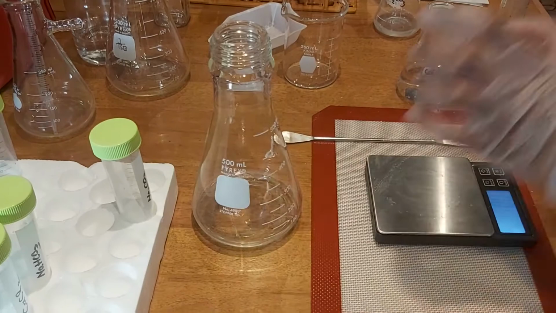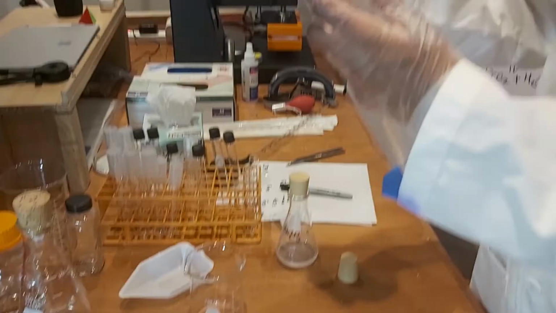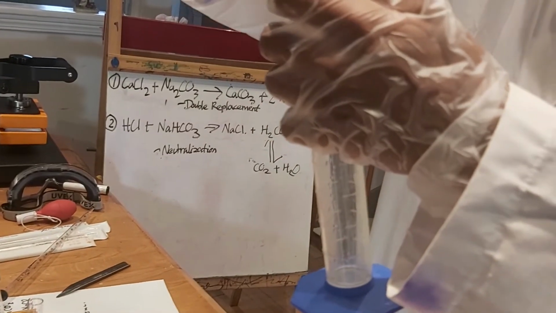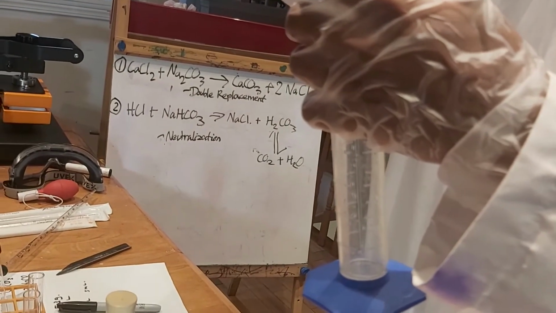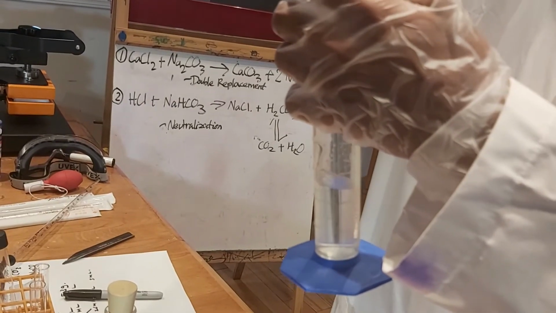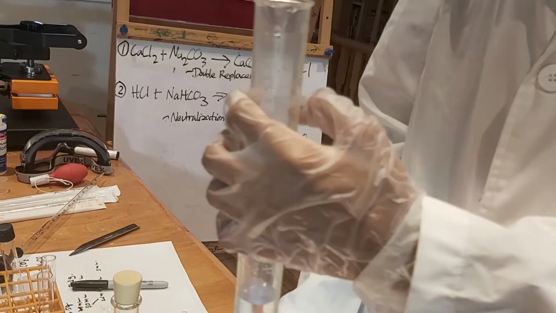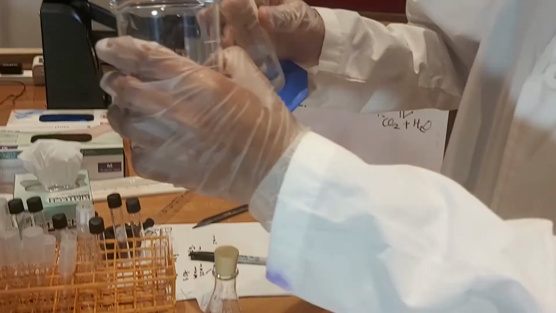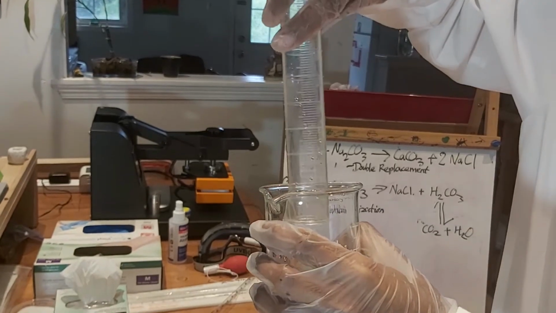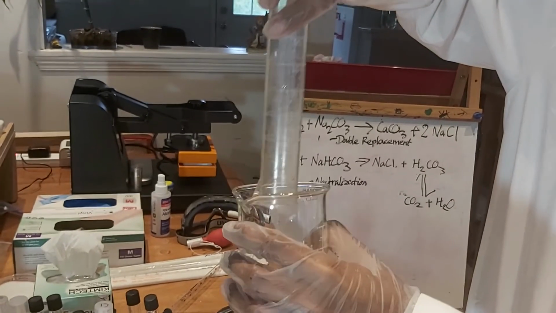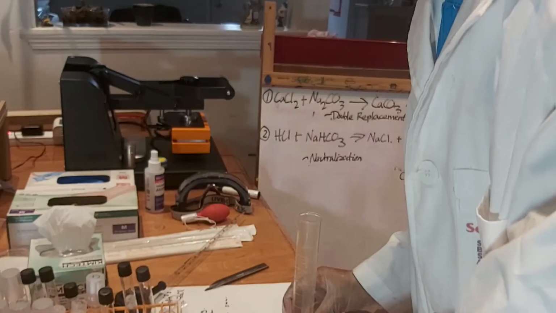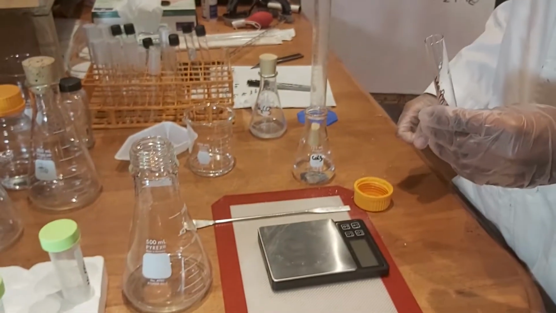Now we're going to measure out another 25 milliliters of calcium chloride for the open system. Right, now we're going to put it in the beaker. Now we're going to test the closed system.